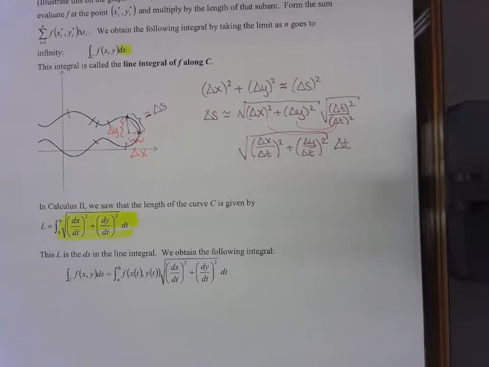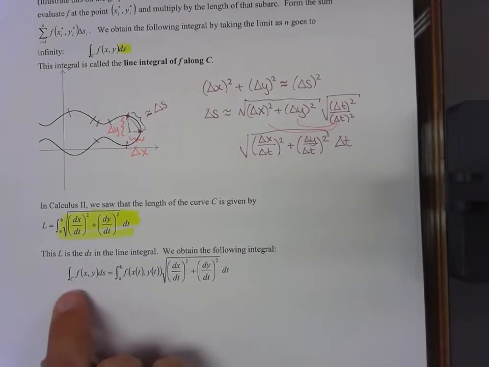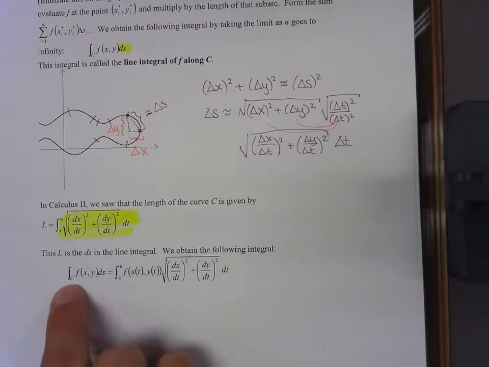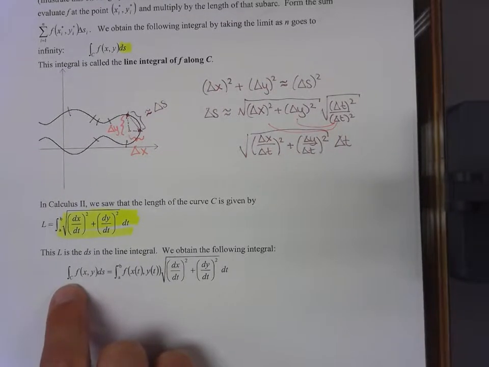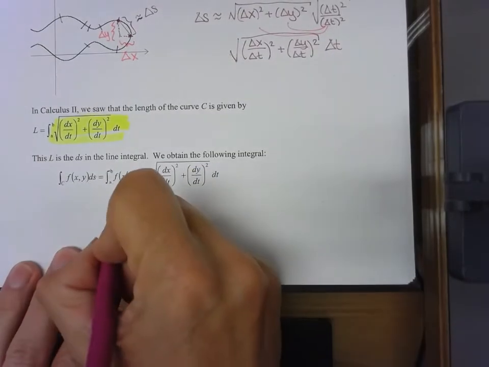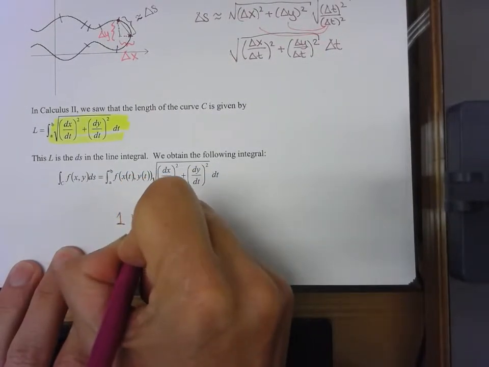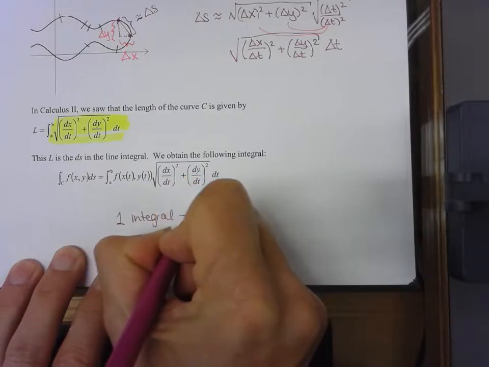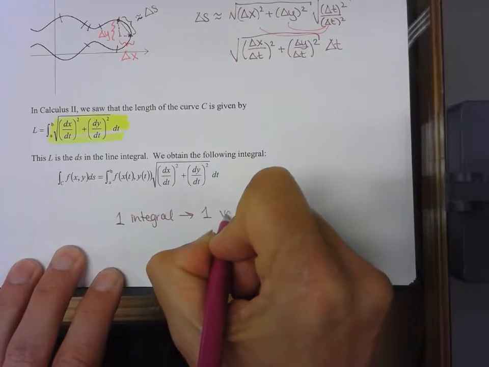We can only have as many variables as we have integrals, right? So if we just have one integral, we can only have one variable. So one integral means one variable.